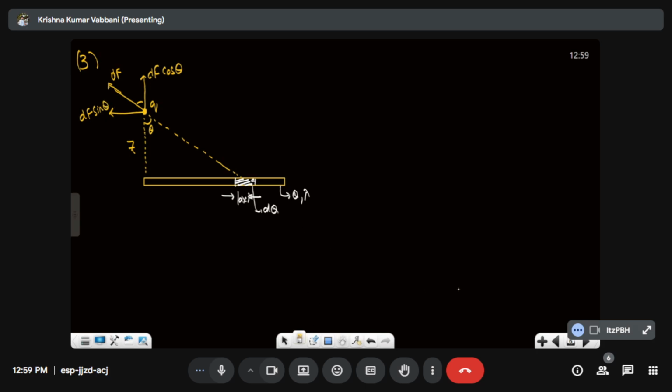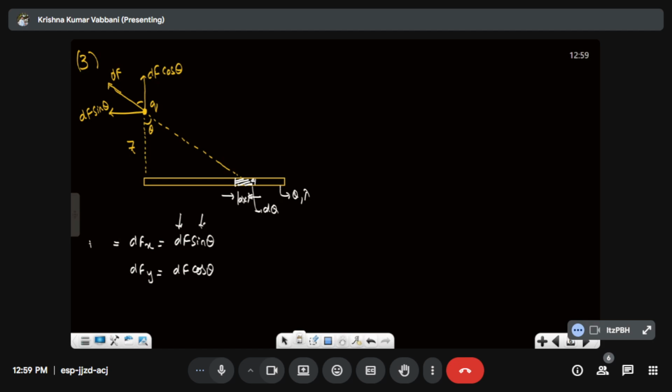So I already told, in this case we will get the result, but we have to find it. What is my dFx? It is dF sin theta, and my dFy is dF cos theta. We know how to write dF, and we also know how to write sin theta, right? Because they didn't give any theta value, we already know.